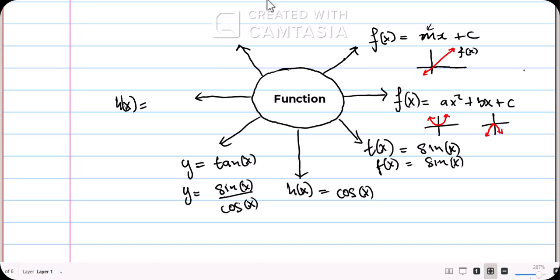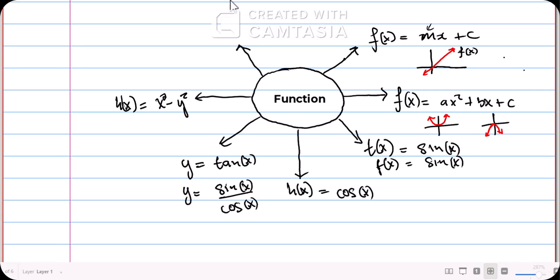Let's say we have x squared minus y squared. Let me erase this one because this is implicit.